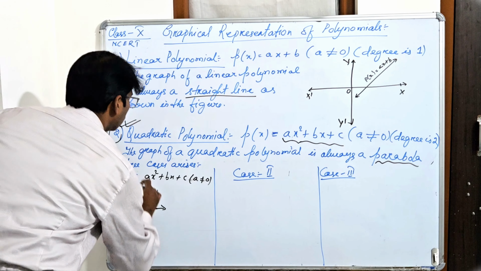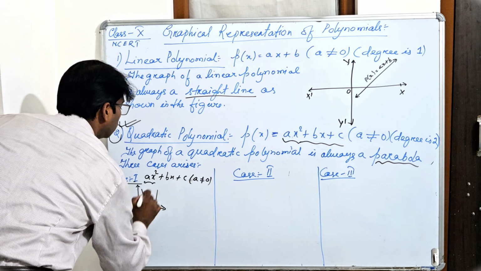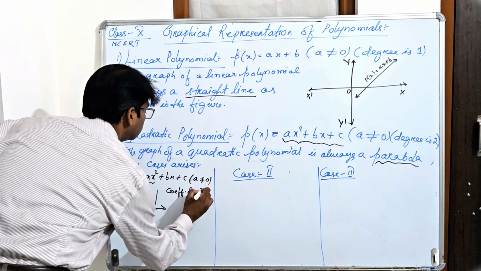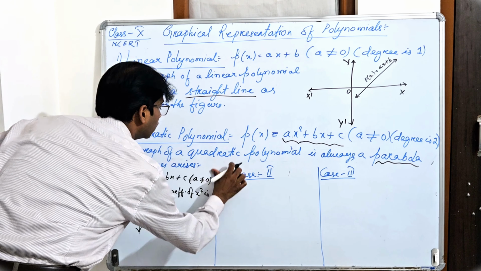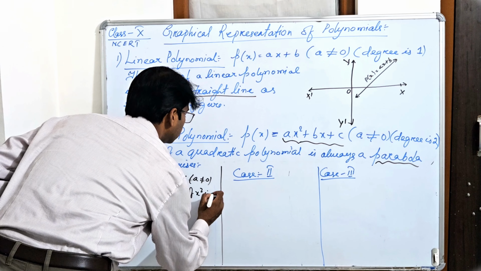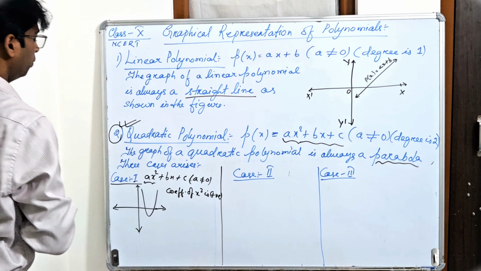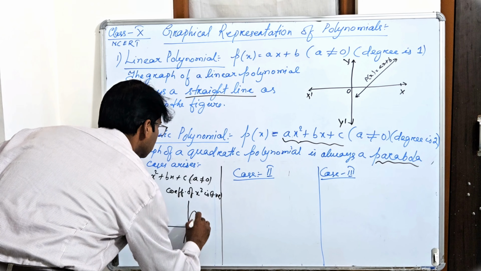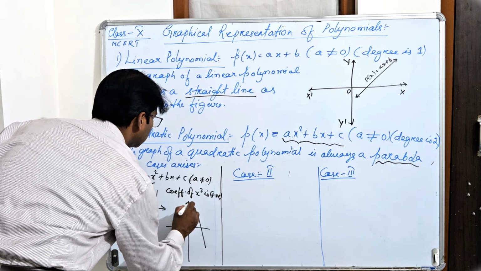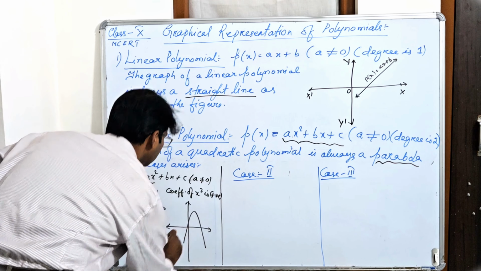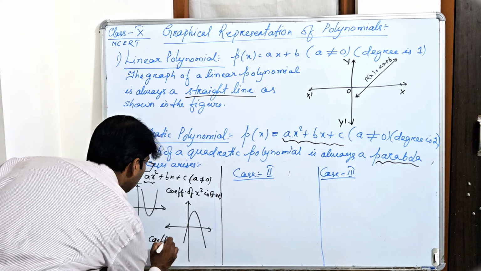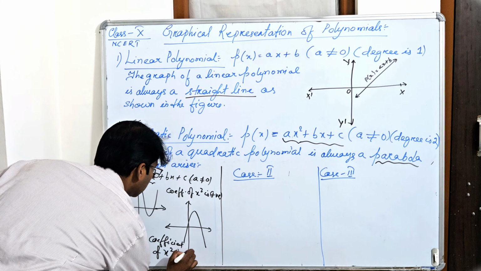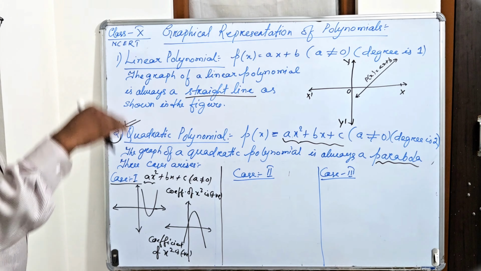So I can say the coefficient of x square is positive. But if the parabola is opening downward like this, then I will say the coefficient of x square is negative, because it is opening downward.